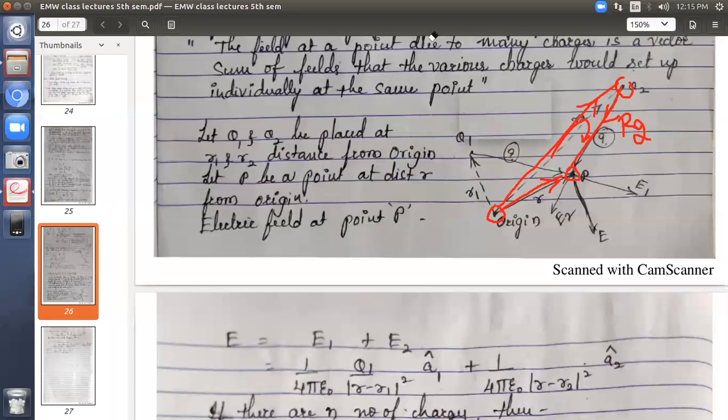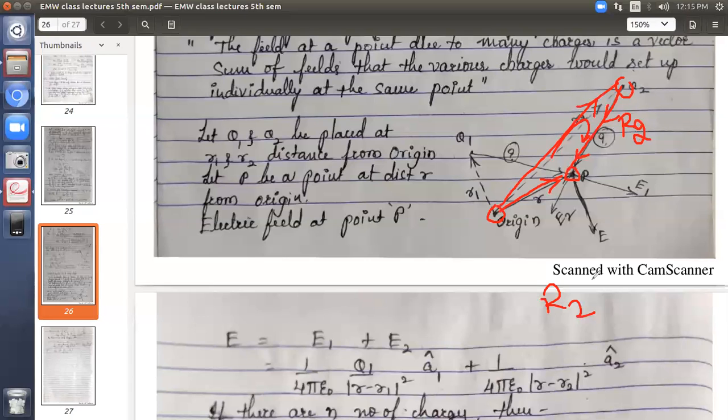That's why, instead of taking the other way, take the direction from this point in this way. So if you apply the vector addition for this triangle, what will R2 be equal to? Before that, we have this small r2.